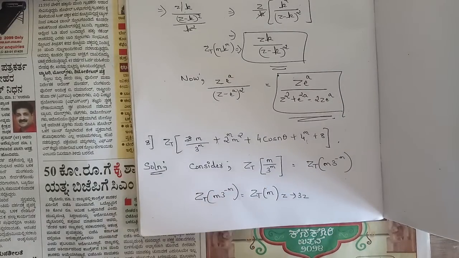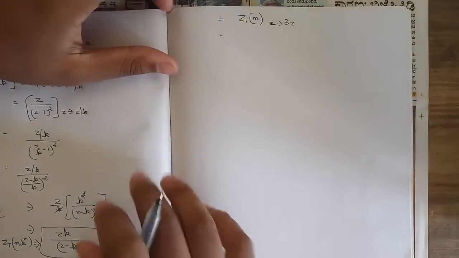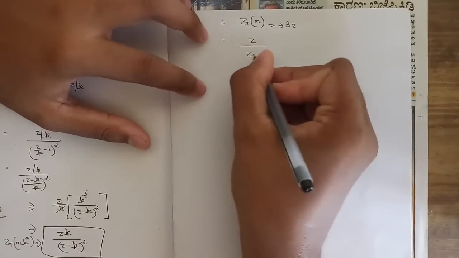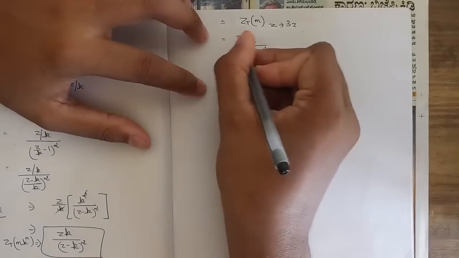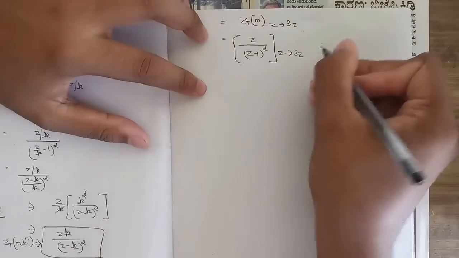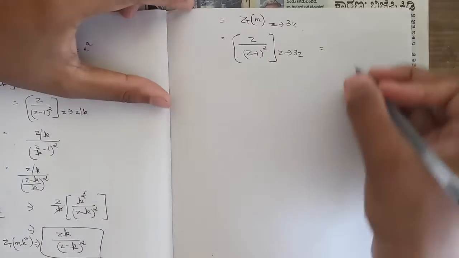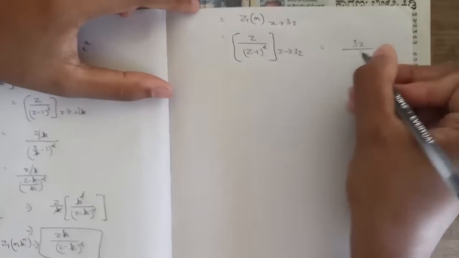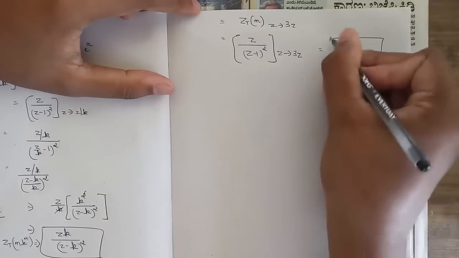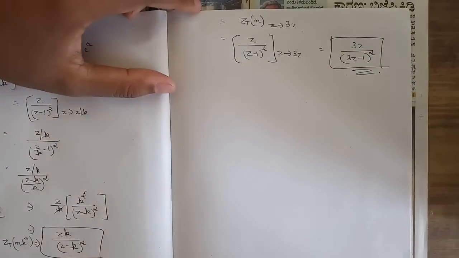Okay. So now let's apply. So now we know that Z transform of n is Z by Z minus 1 whole square. So now replace the value of Z by 3Z. So the final answer is 3Z by 3Z minus 1 whole square.